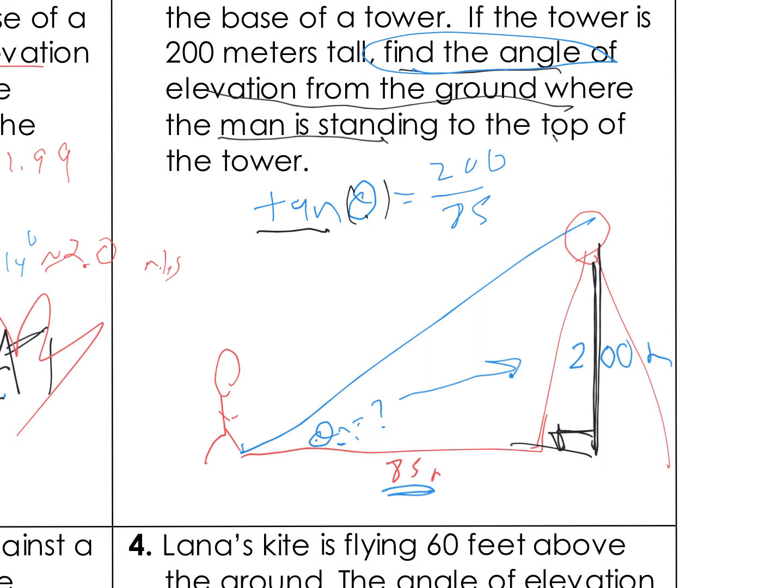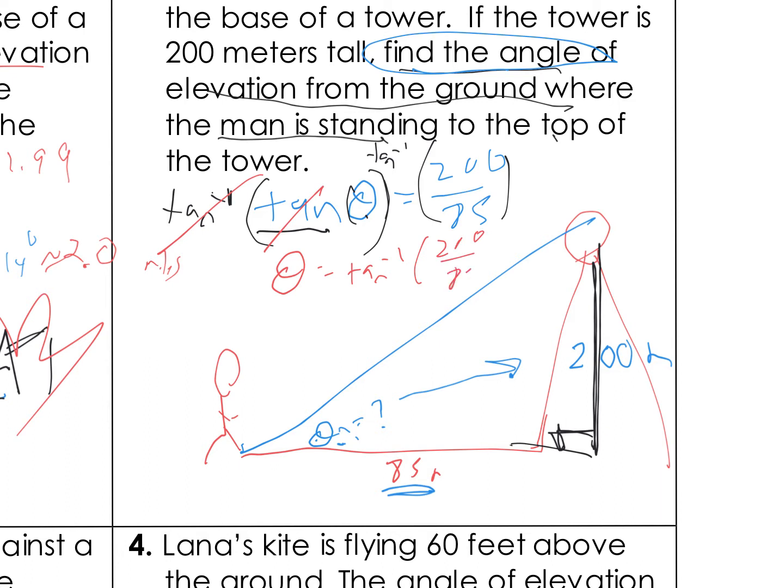Now, when I was doing it in class or in the video, I did this. I literally said inverse tangent of the left, inverse tangent of the right. The inverse tangent cancels out tangent, leaving the theta that I want to know is equal to the arctangent of 200 over 85.